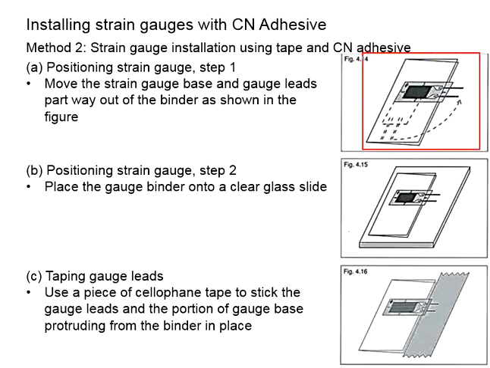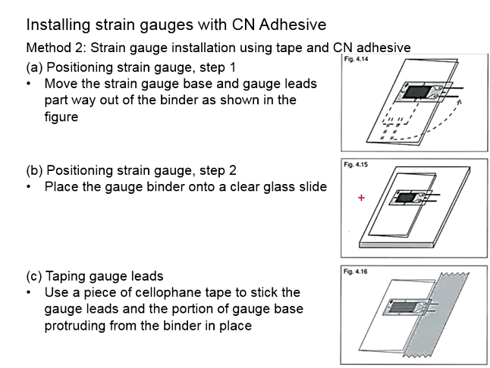Now that you intend to install the strain gauge, in order to avoid direct contact of your finger with the strain gauge itself, you may rotate the strain gauge from the original position here to this side. Slightly expose the gauge leads and a little bit of the gauge base.